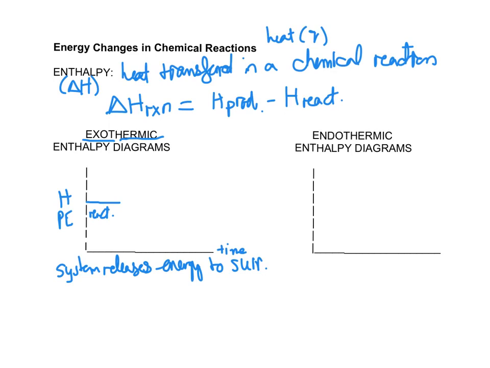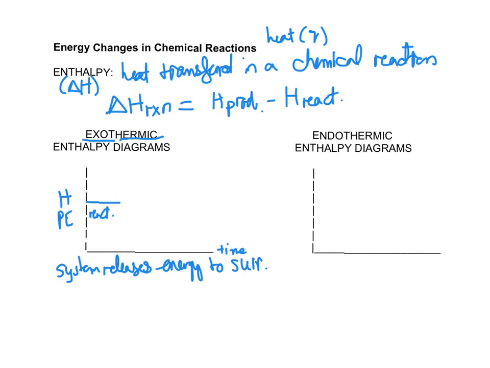Now if it's an exothermic reaction and the system is releasing energy, that means that if I'm right here having a certain amount of energy, those reactants release or lose energy to the surroundings to get to the products. And so if they're right here and they're releasing some energy, that means the products are going to be at a lower energy.